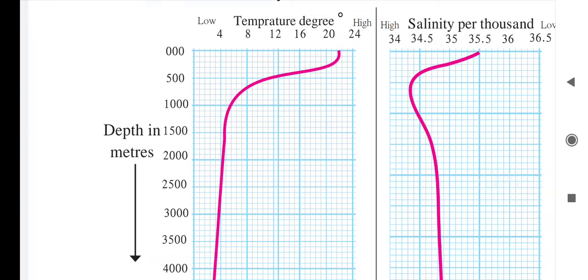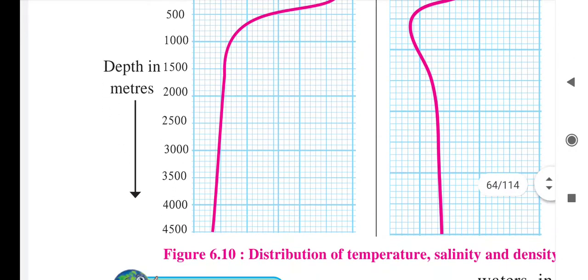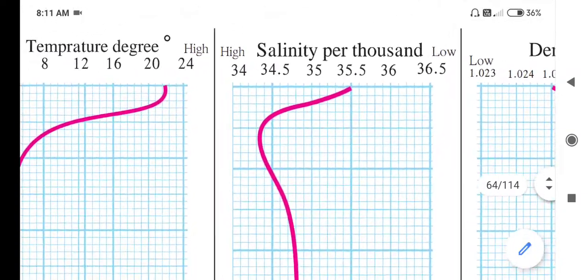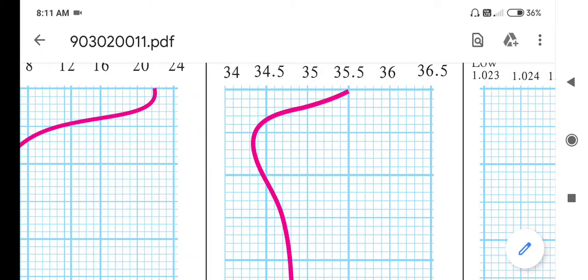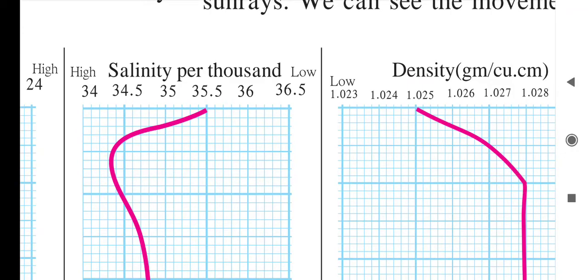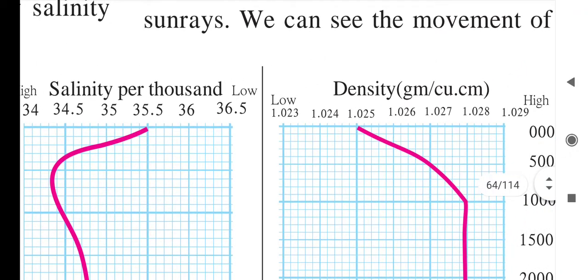As we have seen here, as depth increases, the temperature decreases. Here we can see salinity: 34, 34.5, 35. So here salinity is increasing. But density is decreasing.